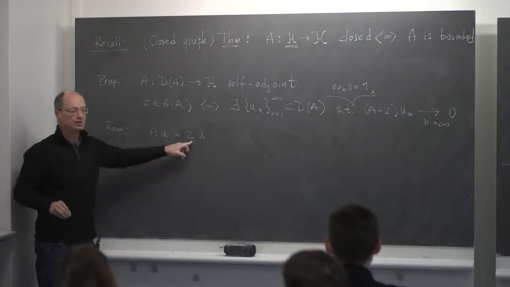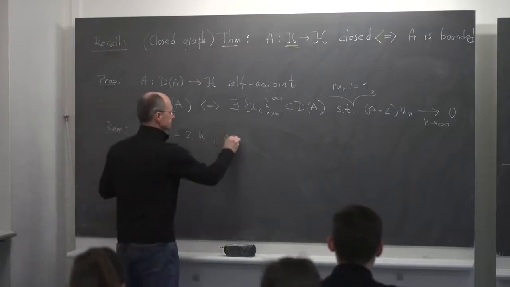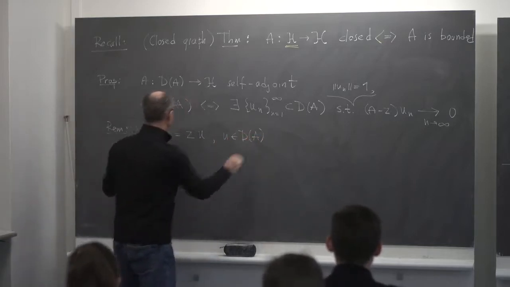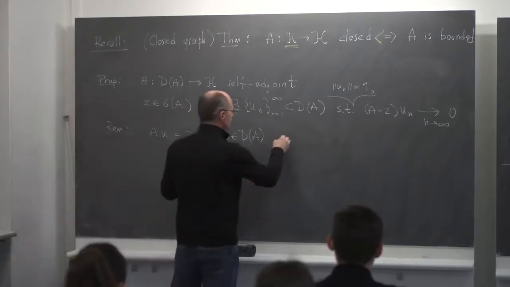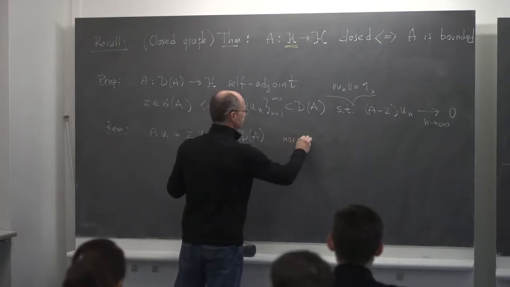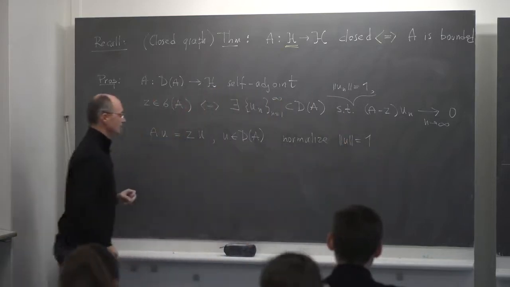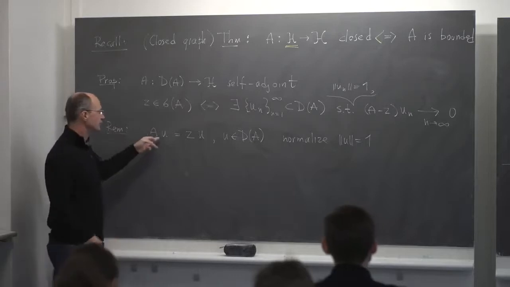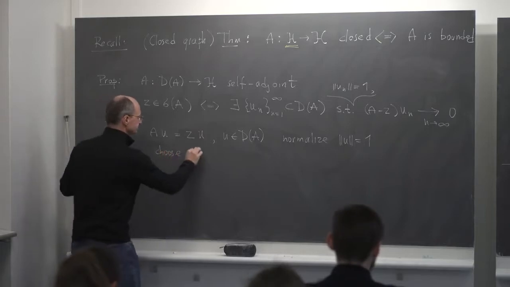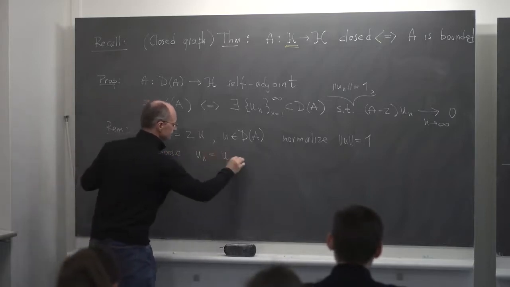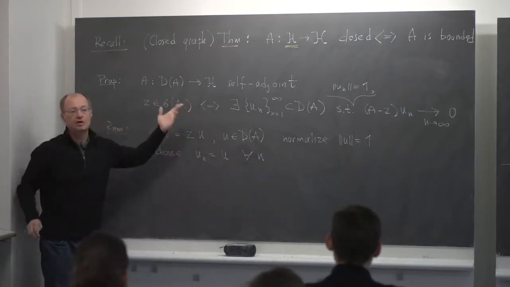Suppose that Z is an eigenvalue. Suppose that there is a vector u in the domain of A such that Au equals Zu. Then, of course, we can normalize u to have norm equal to 1. So then, of course, this Z is in the spectrum because we can choose u_n equal to u for all n, right?